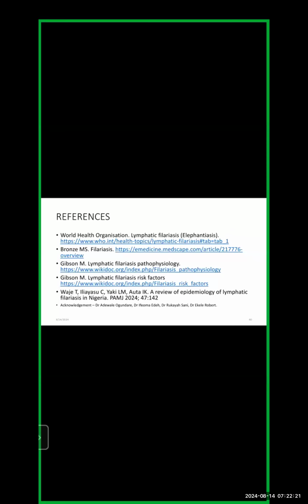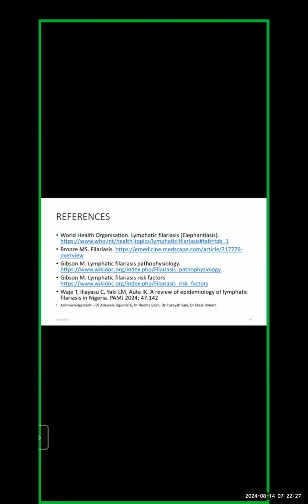Yes, because of the side effects. DEC usually causes a Mazzotti reaction. Typically you don't give it because of the hypersensitivity to the microfilaria, so it can cause a life-threatening anaphylactic reaction.